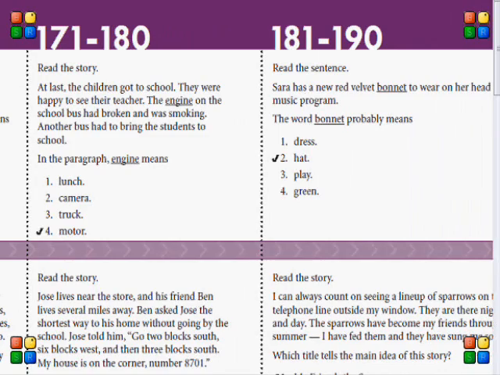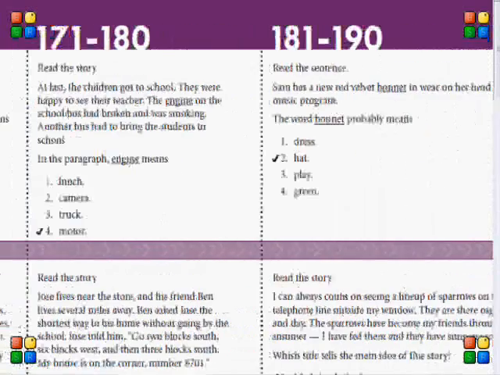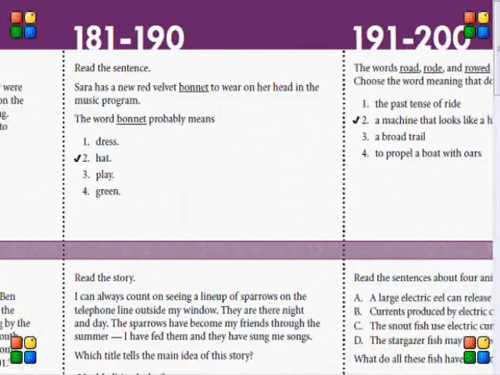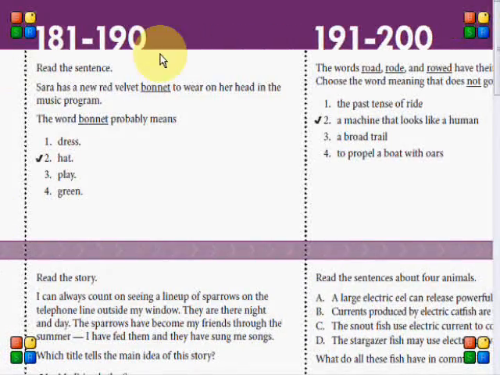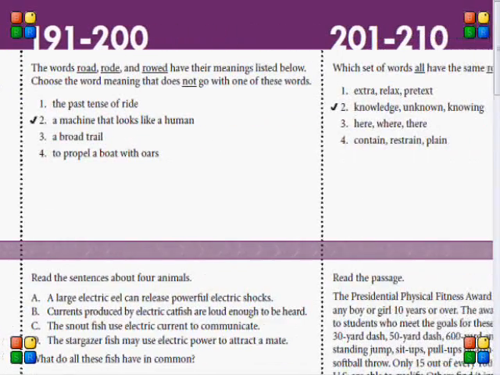Reading a story and comprehending things, and understanding the meaning of, in this case, engine. Again, looking at bonnets and trying to figure out what bonnet means. This is supposed to be something that measures context clues, but of course, if you know what a bonnet is, it doesn't really measure that, a validity issue.